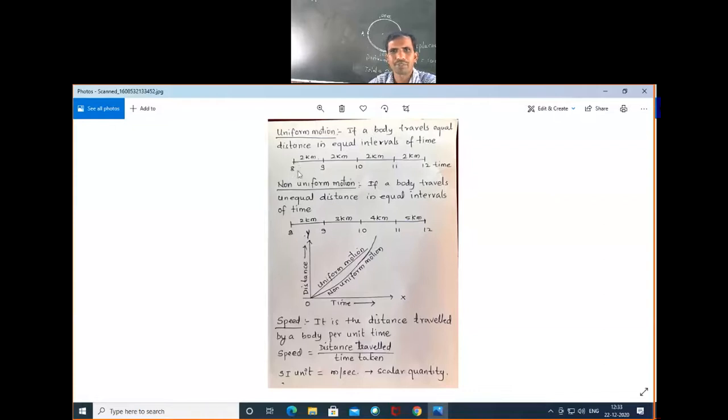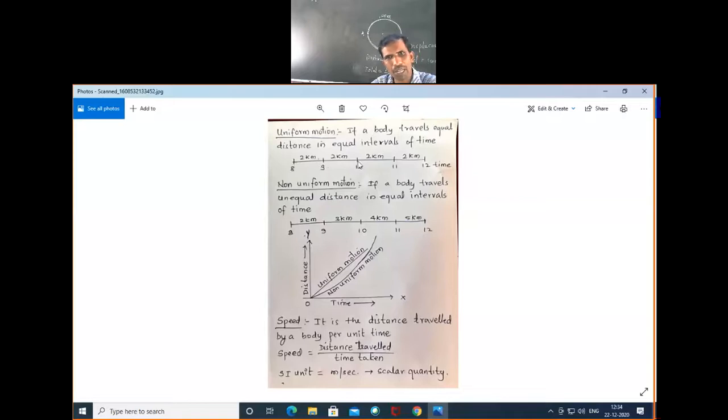The object is traveling from, say, A to B. Think that it is A, B, C, D, E. From A to B, it has moved 2 kilometers. Think that for 2 kilometers it has taken 1 second. So it is rocket speed.